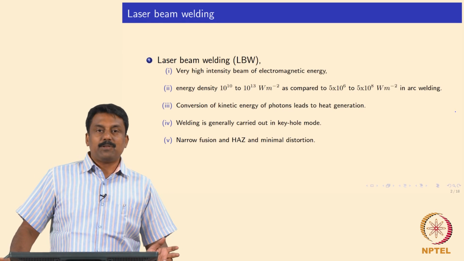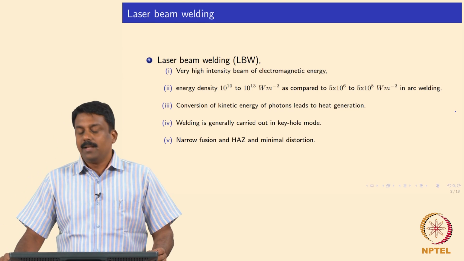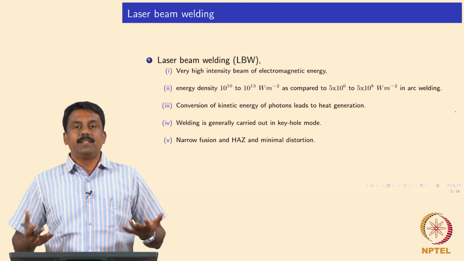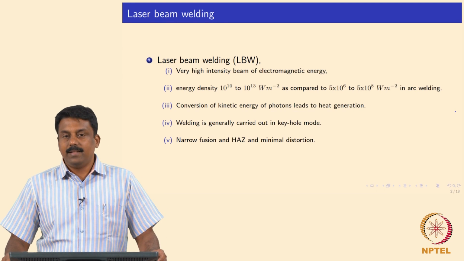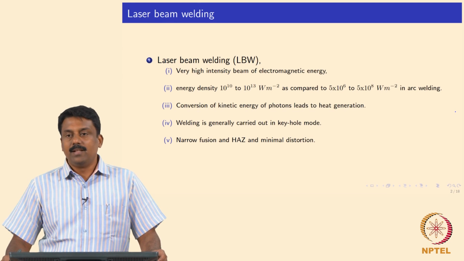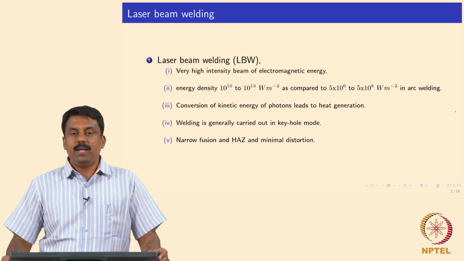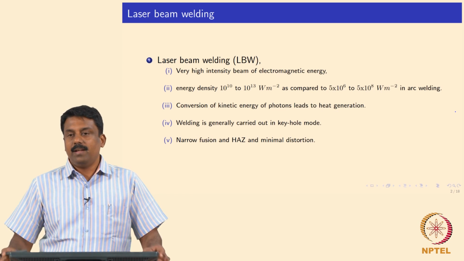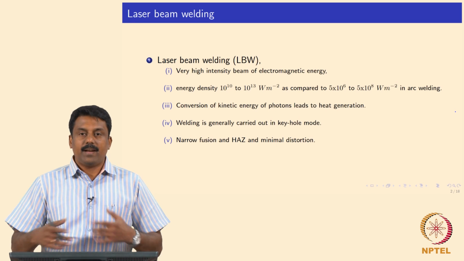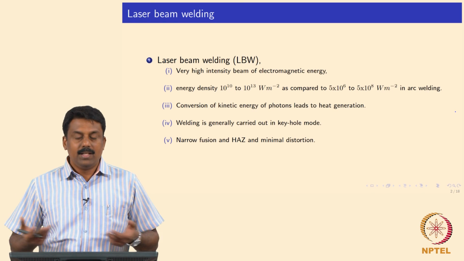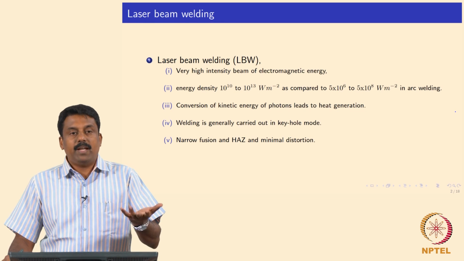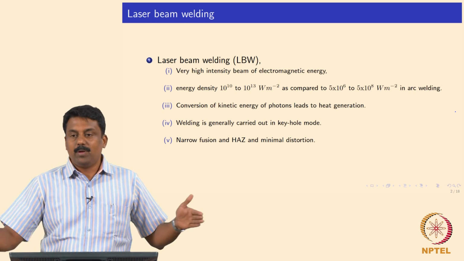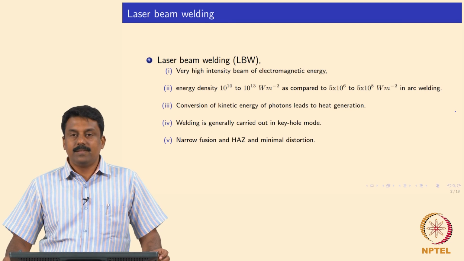So what is so special about laser welding? We use very high intensity electromagnetic energy, that's why laser. Laser is very coherent, and you can manipulate the laser beam very easily. It is an optical ray. It can be transported from one place to another using proper optic setups, or nowadays we use fibers to transport laser from one point to another.